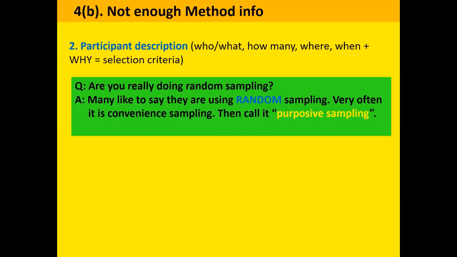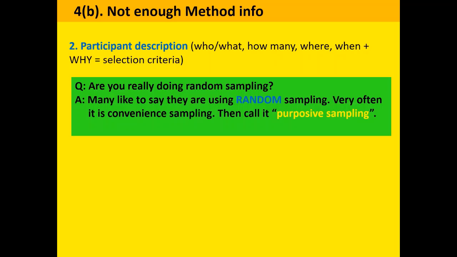Random sampling. This word has been misused too much. Random sampling in research is very systematic. It is not anyhow or simply, but it is often used with the meaning of anyhow and simply.